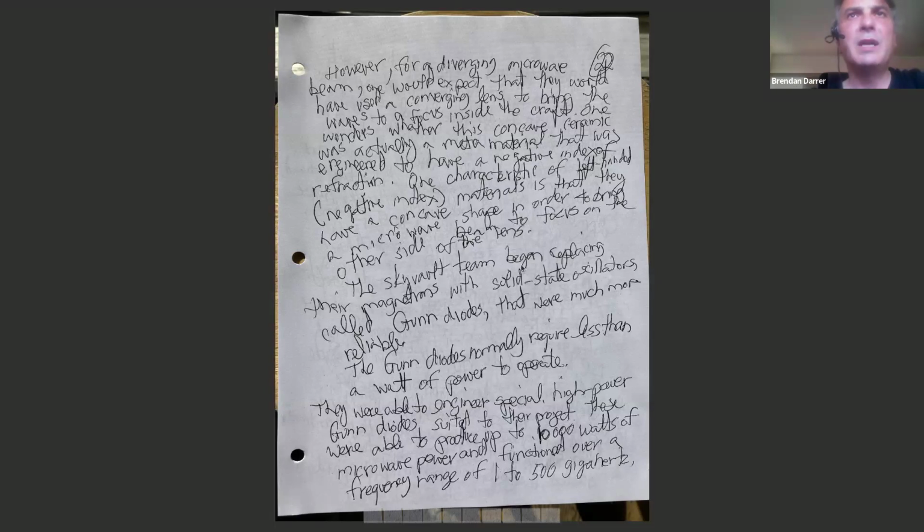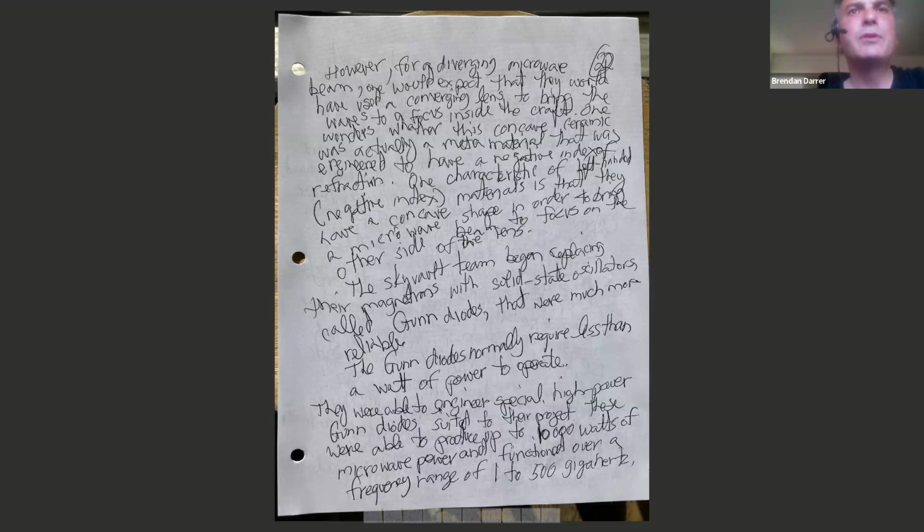The Skyvault team began replacing their magnetrons with solid-state oscillators called gunn diodes. That's important. That were much more reliable. The gunn diodes normally require less than a watt of power to operate.